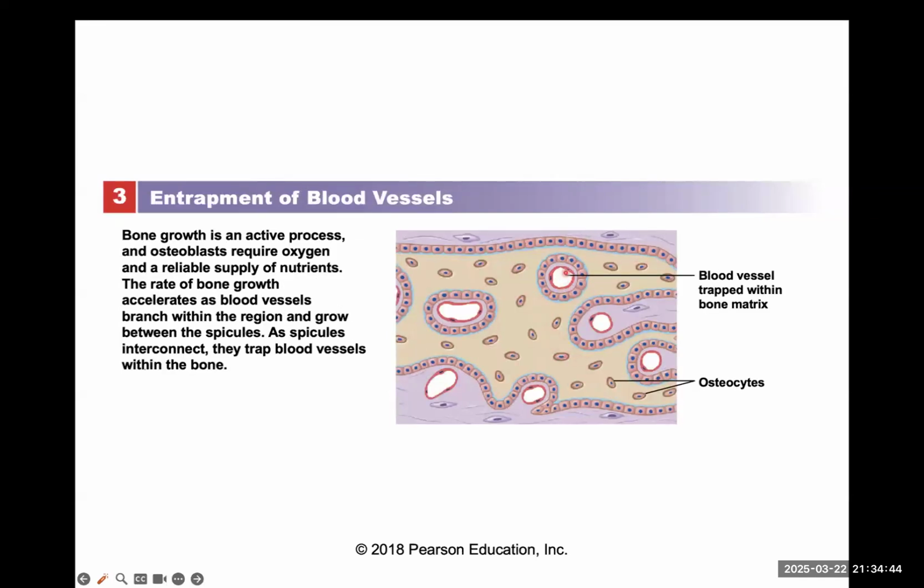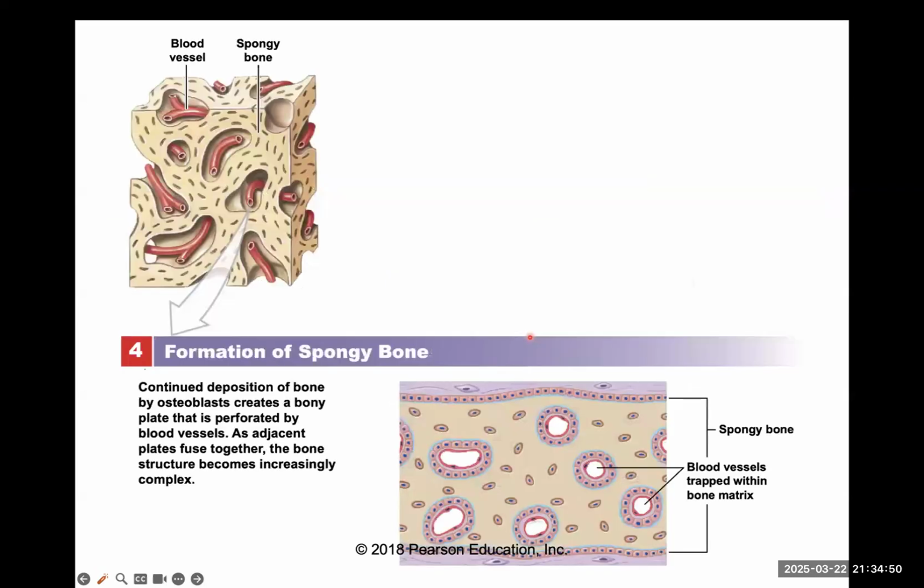And then the blood vessels start to get trapped in because all these osteocytes need nutrients. And then that's how formation of the spongy bone happens. So that was just a summary of the cartilage and the matrix and the intramembranous ossification happening with those, and then the blood vessels eventually go in.